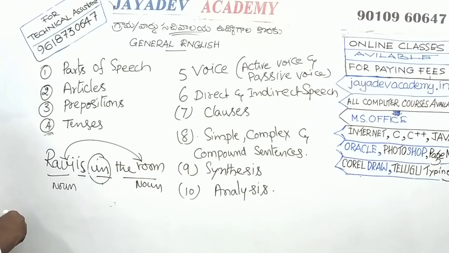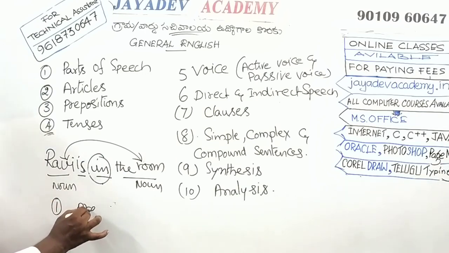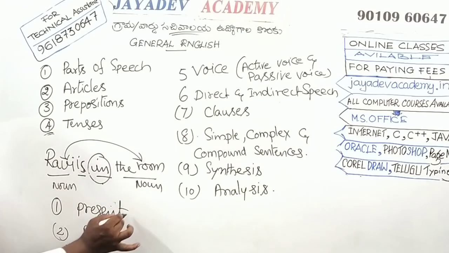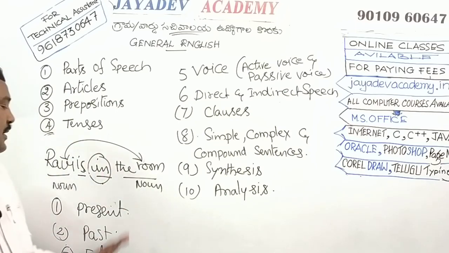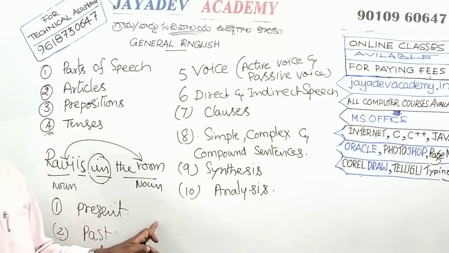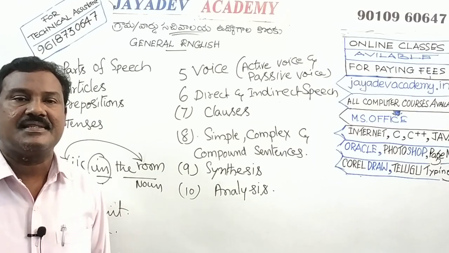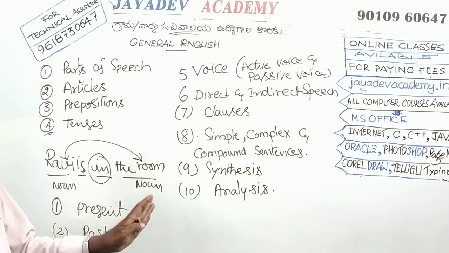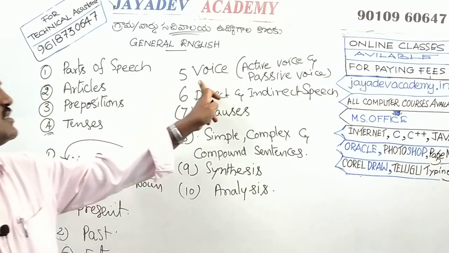For example, tense, already you know: present, second one past, third one future. 3 tenses are there. Tense expresses a change in the form of the verb. Because of the change in the form of the verb, we can identify what is the tense of the sentence.